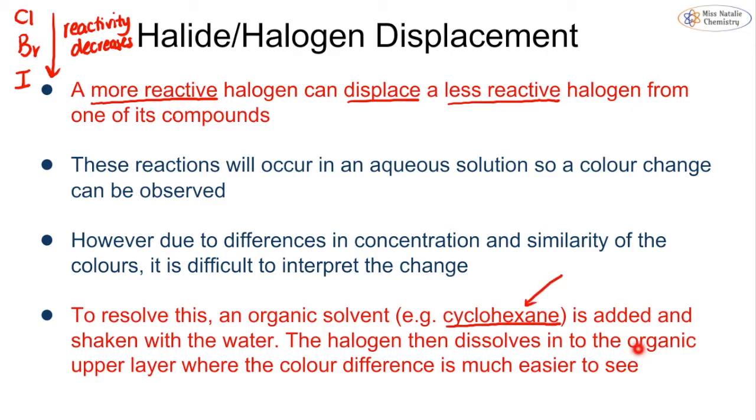Now, cyclohexane and water don't mix. So what they do is they form layers. And we do this shaking in order to make the halogen dissolve into the organic upper layer. And this actually allows the colour difference to be much clearer.